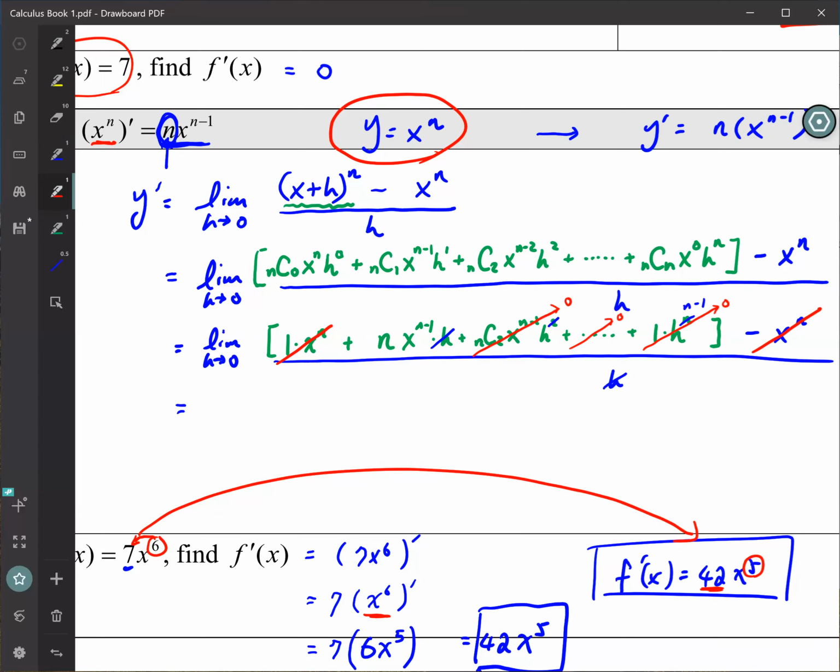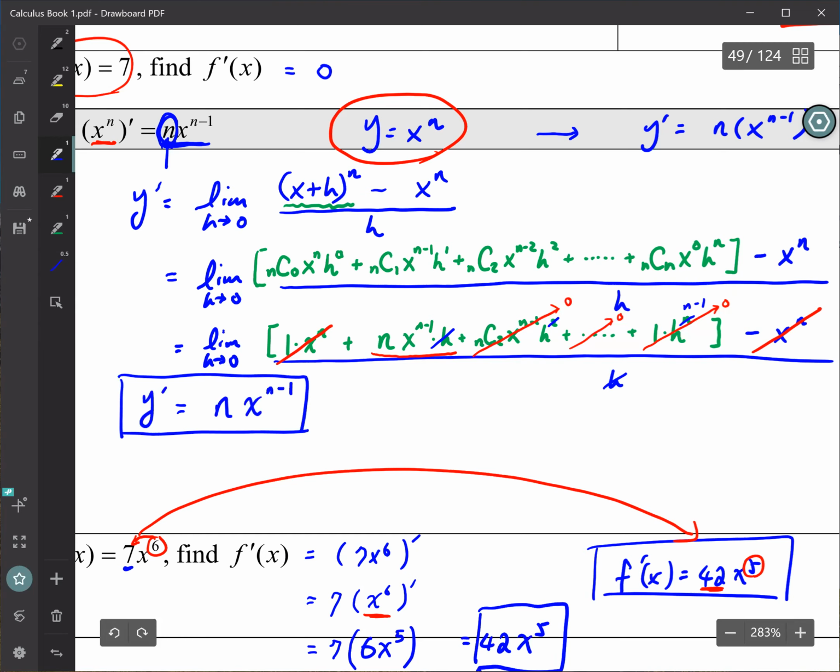The only term that's left is this one, because after you divide it by h, there is no more h, so it will stay. So finally, you get n x to the n minus 1. So this is your final result. Okay, so that's why you have this formula. This is called the power rule.